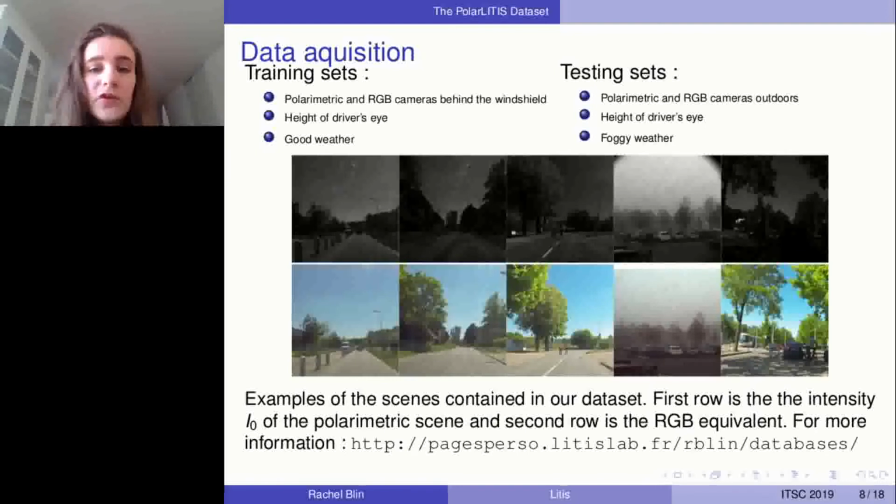Some examples of the dataset are displayed on the slide. The first row represents the intensities I0 of the polarimetric images, and the second row represents the RGB equivalent of the scenes. The dataset can be downloaded at the following link.